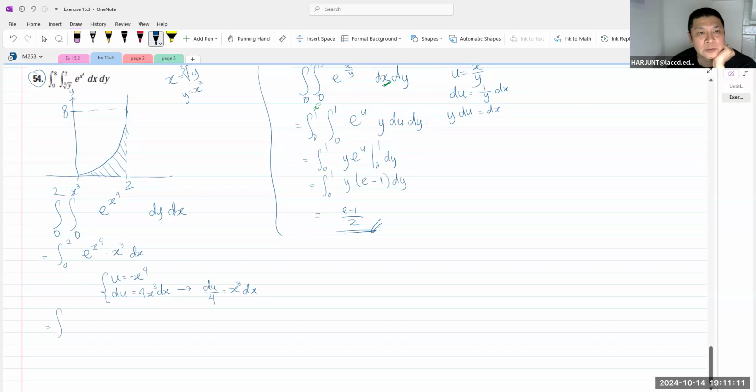As for the limits of integration, that will be from 0 to 2 to the 4, which is what? 16? e to the u du over 4. So there will be 1/4 (e to the 16 minus 1). Oh, it's not hard to do, huh? Okay, this is where I will stop our 15.3.